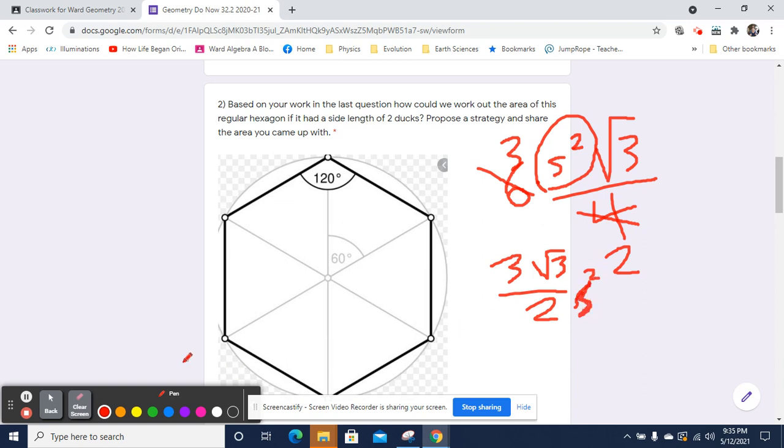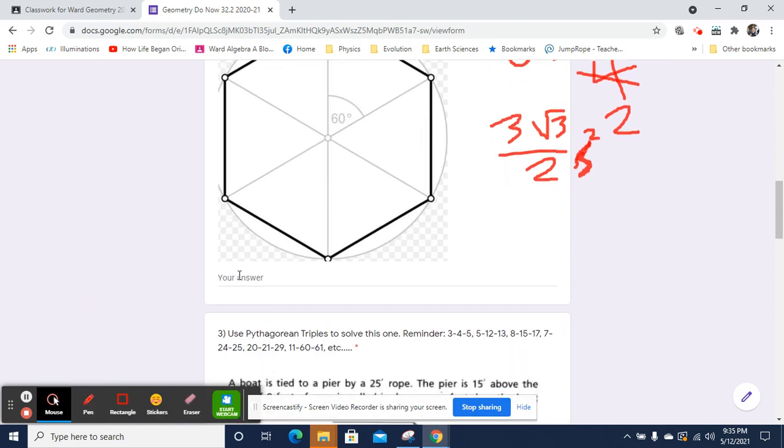Okay, so side squared is once again 2 squared. So that's going to be 3 square root of 3 over 2 times 2 squared. And that's going to equal 3 square root of 3 over 2 times 4. And so the 2 and the 4 reduce.